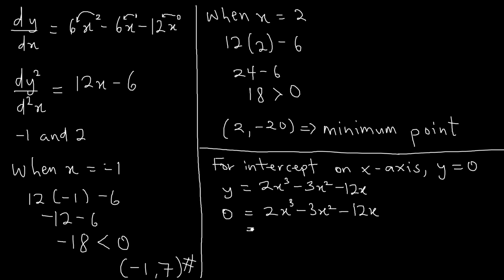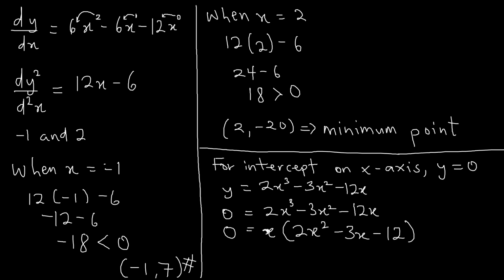So let's first of all try to factorize x out from this equation. So we bring x out, and what are we left with? We are left with 2x², and this side will give us 3x, and now this will be 12. Remember to bring the 0 over here.